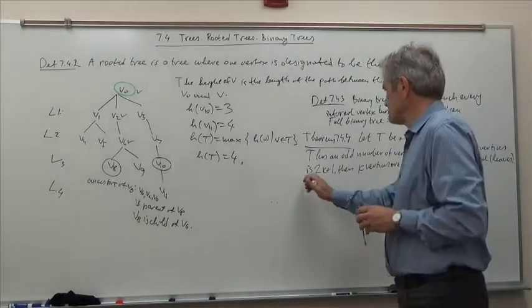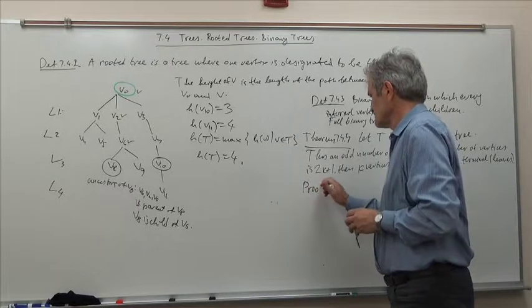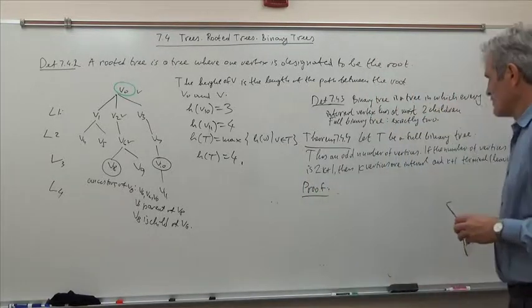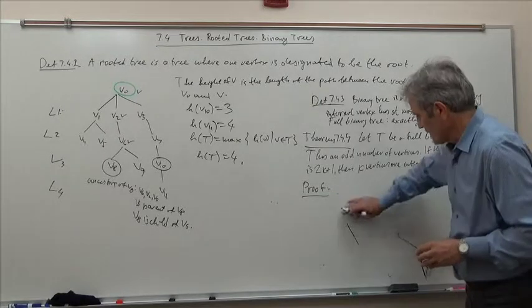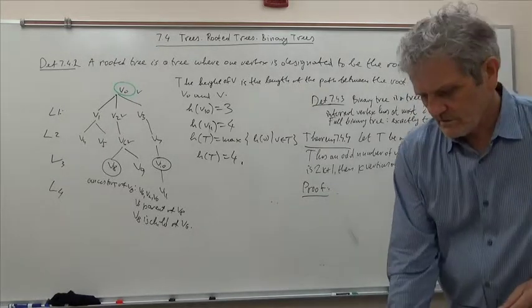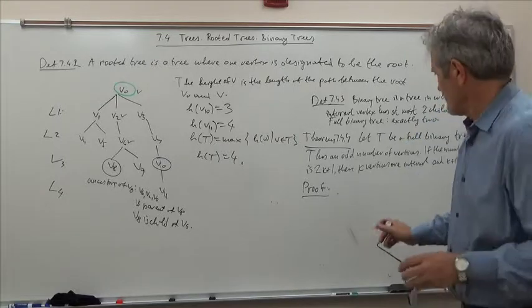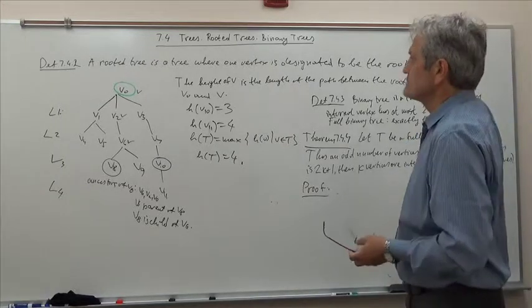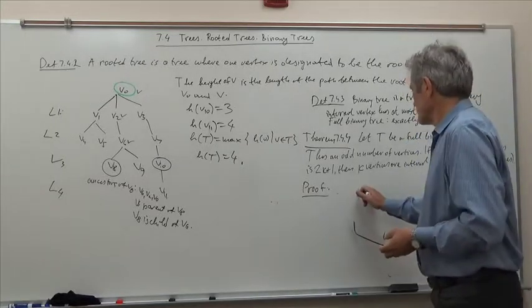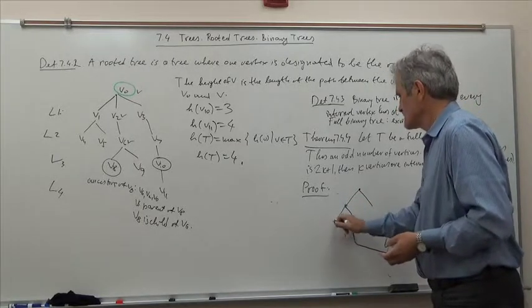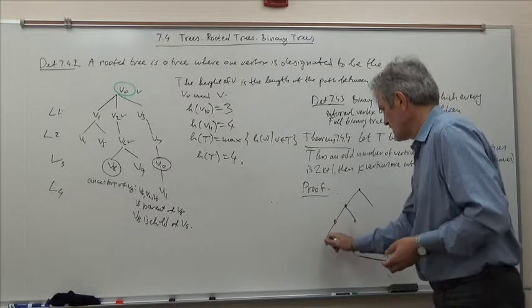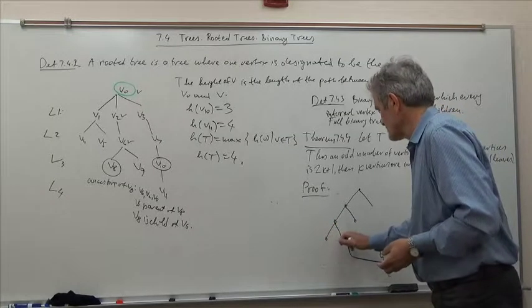What is the proof? Proof generally says the following. Let me look at the tree from top down. So let's look at the tree like this. This one has 2 branchings, and this one has 2 branchings.